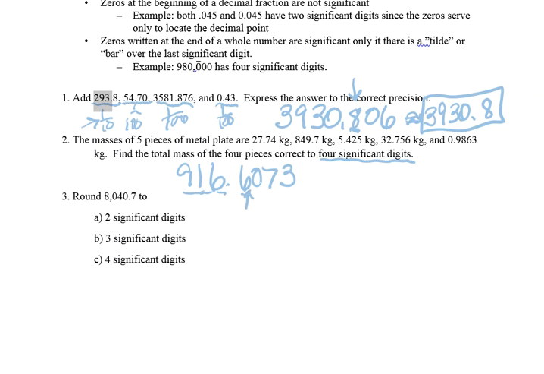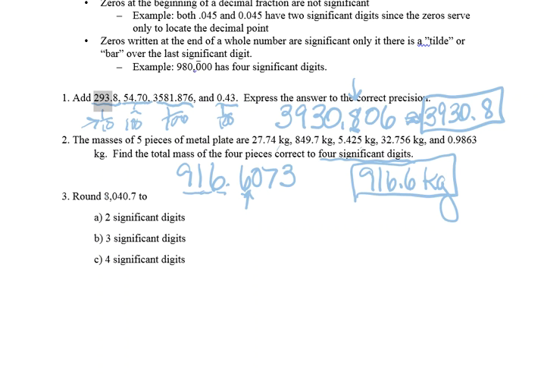Again, I have a 0 behind it, so it says leave the 6 in front of it alone. So our answer rounded to 4 significant digits would be 916.6 kilograms. Now if I look at the numbers that were given to me, the 27.74 was to the hundredth, the next one's to the tenth, then the thousandth, then the ten-thousandth. So again, I could only go precision-wise to the nearest tenth, which is what we did anyway.